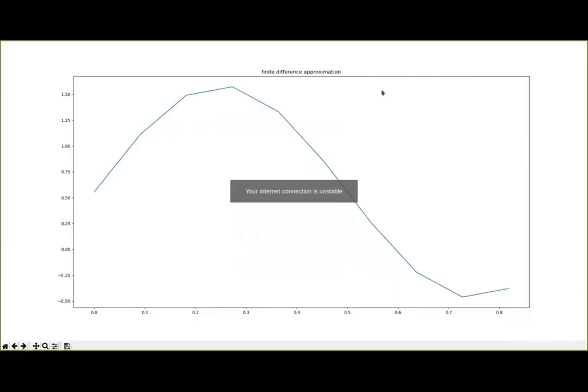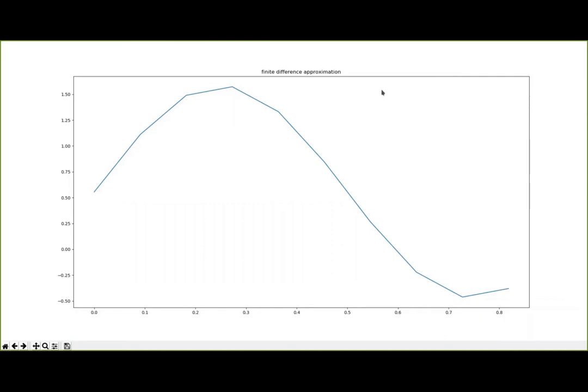I've implemented the finite difference scheme for the Poisson problem over the interval from 0 to 1 with Dirichlet boundary conditions. And what we see here is an approximation to the Poisson problem: negative u double prime of x equals 4 times pi squared sine of 2 pi x.